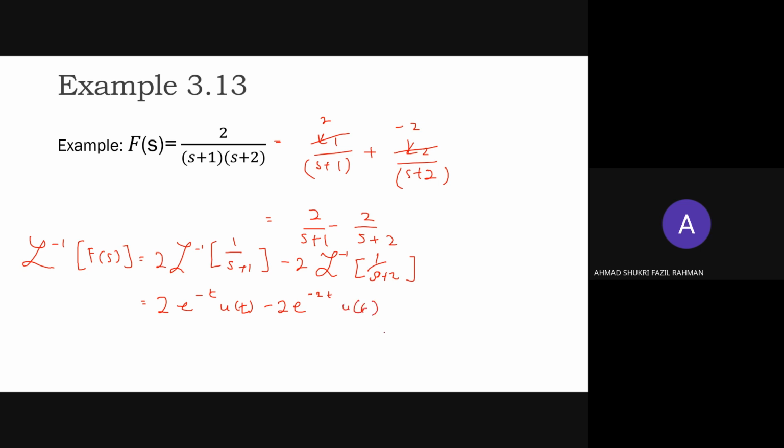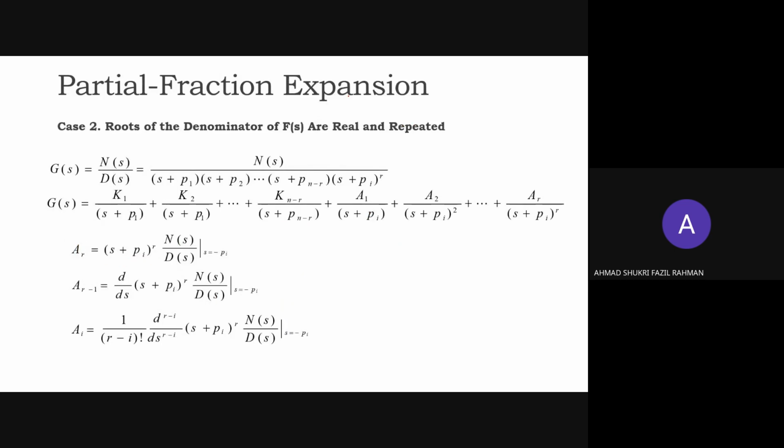The function here is in the form of time domain. So that concludes case 1. Time is not permitted for me to continue, so I will just stop here.